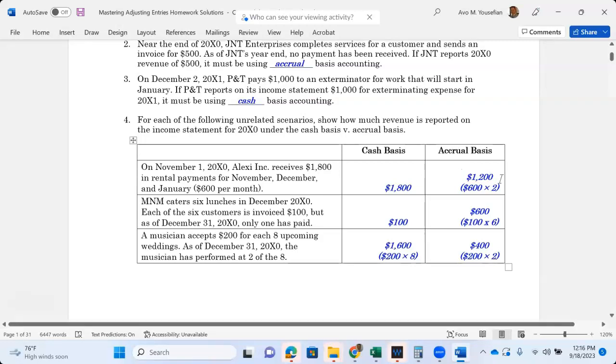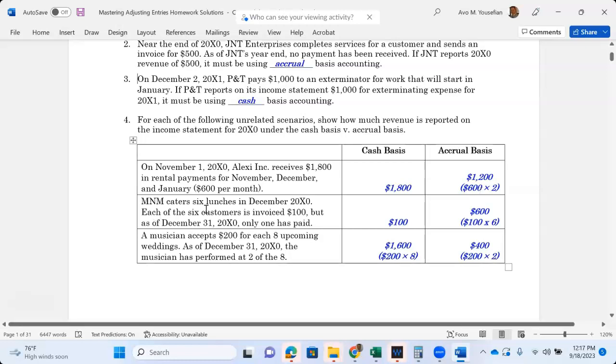And that will be only $1,200 of revenue. And that's why accrual basis provides you a better picture, because under cash basis, you tell everyone I have $1,800 revenue, but under accrual basis, you are more realistic. And you say, you know, I have just 2 months of revenue, not 3 months.